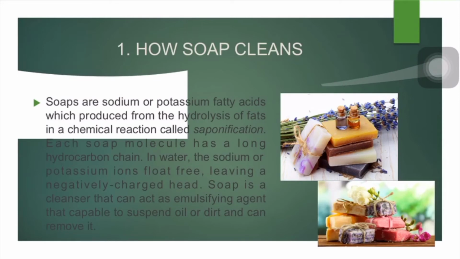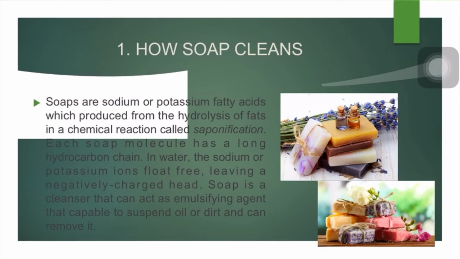Okay, let me tell you examples of how chemistry is used in our daily life. The first is soap, and how soap cleans. Soap means sabun in case you don't know. Soaps are sodium or potassium fatty acids which are produced from the hydrolysis of fats in a chemical reaction called saponification.